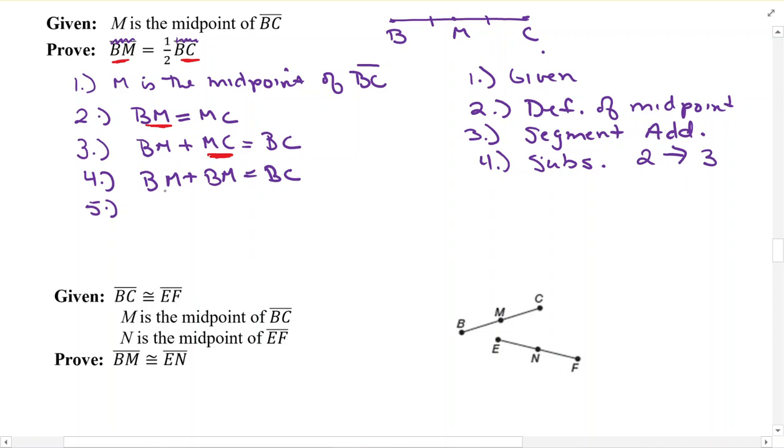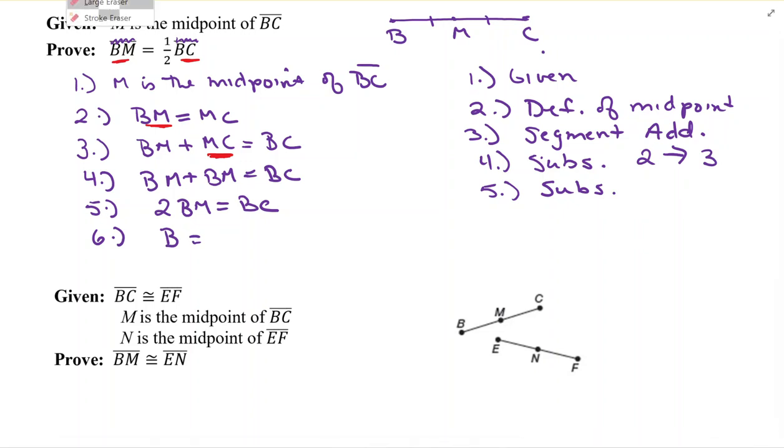We know that BM plus BM is 2BM, so 2BM equals BC. Again, that would be substitution. The next step, we would multiply by 1/2 or divide by 2. So now I know that BM equals 1/2 BC.